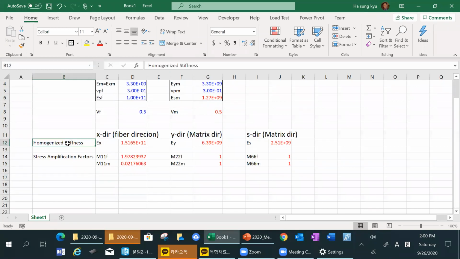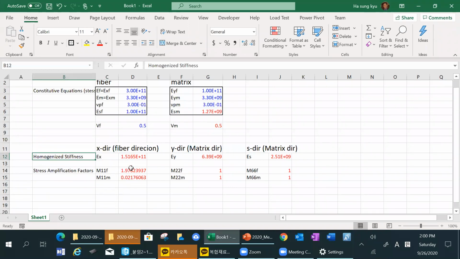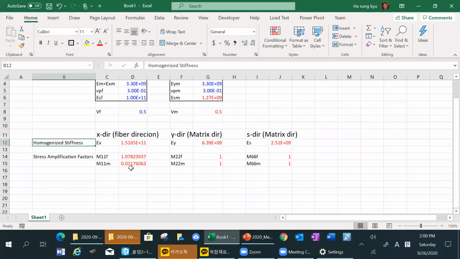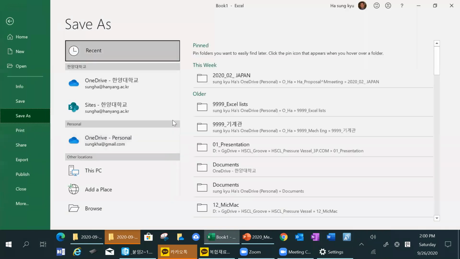And we have another homogenized stiffness. So let's take a look and let's try to derive them. But anyhow, I'd like to save this one.